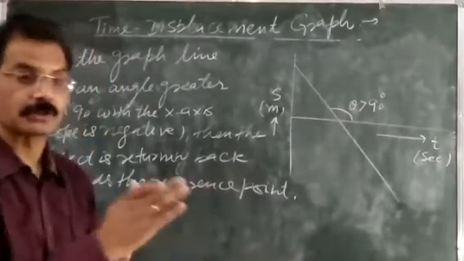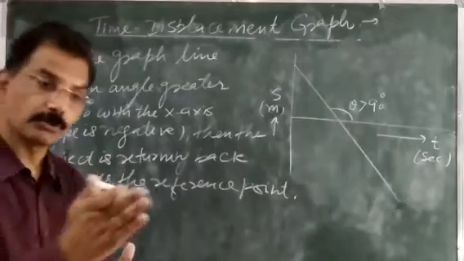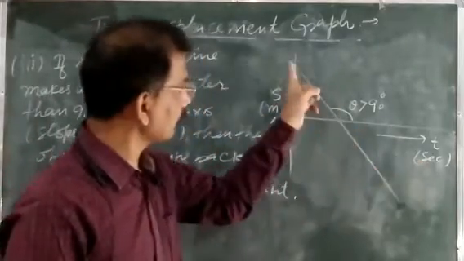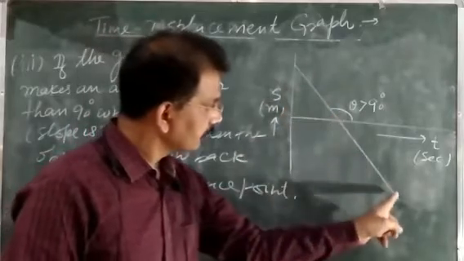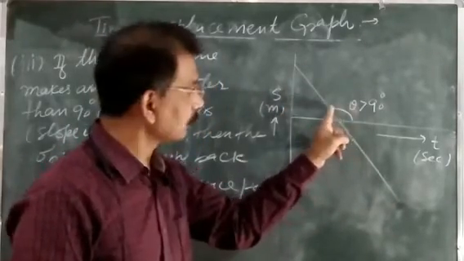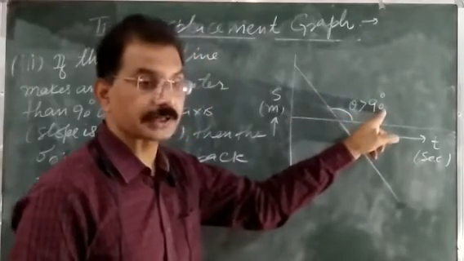reverse direction. In the direction it was going, it started moving opposite. For example, suppose the displacement time graph is given like this, and suppose this line makes an angle theta, and this angle theta is greater than 90 degree.